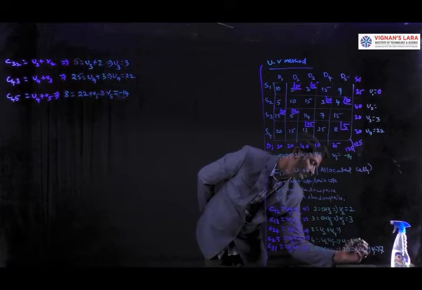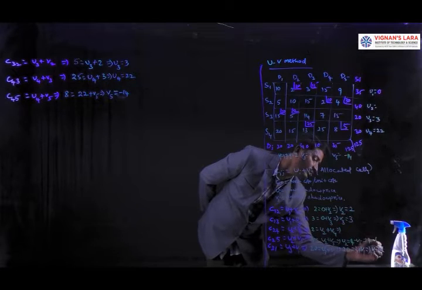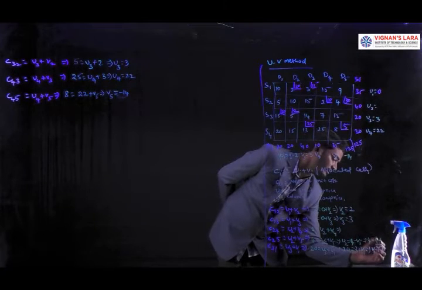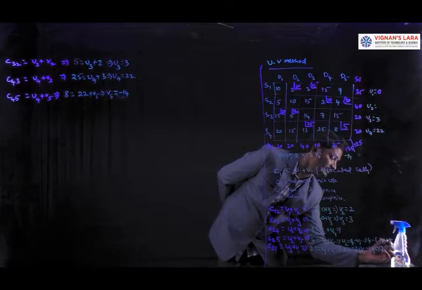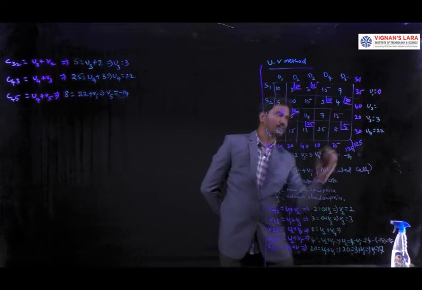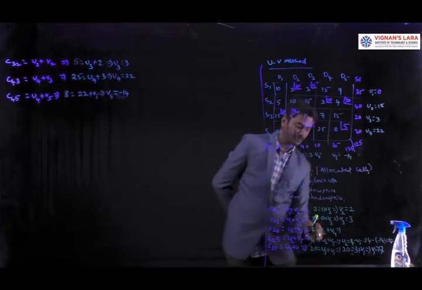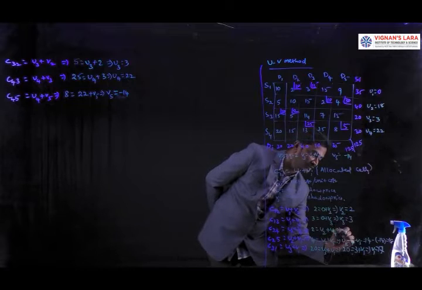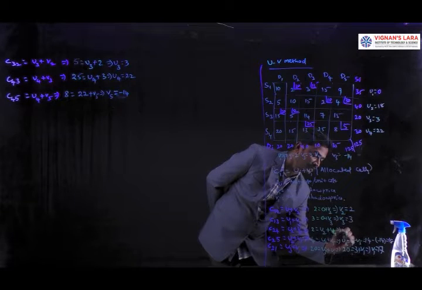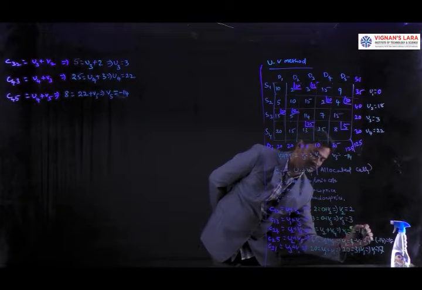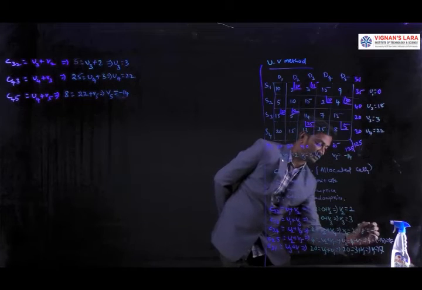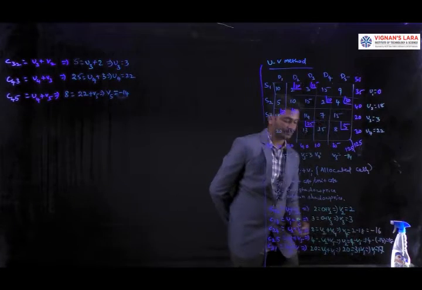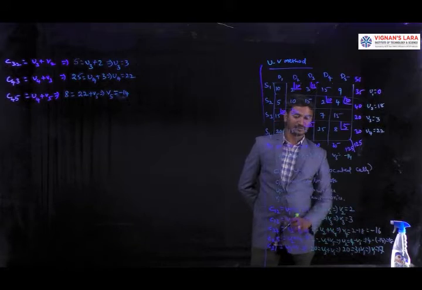It means 4 minus of minus 14, that is equal to 18. U2 is 18. Here I am going to substitute the U2 value. V4 is equal to 2 minus 18. Here we get minus 16. 2 minus 18 equals minus 16.